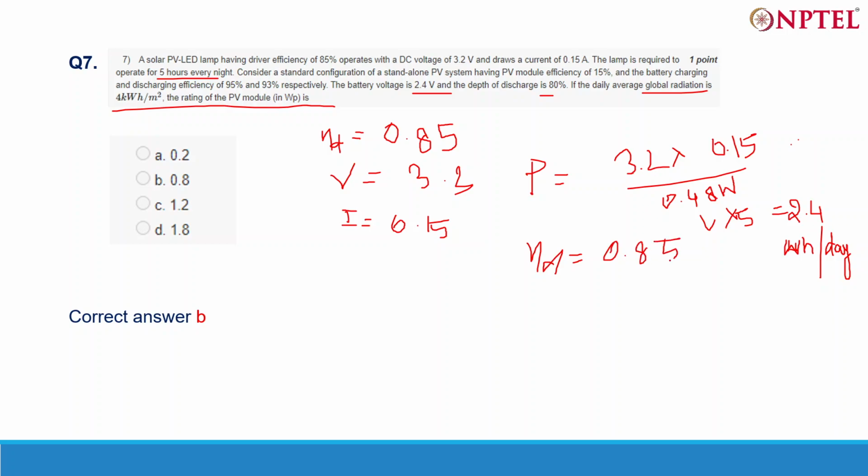So the total energy consumed will be 2.4 upon 0.85, equal to 2.824 watt hours per day.